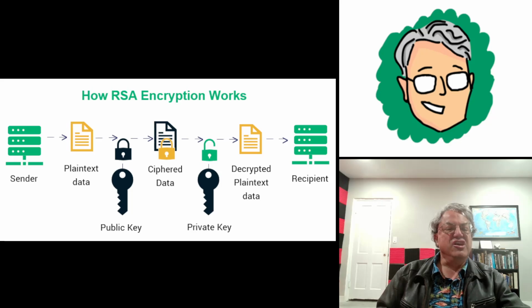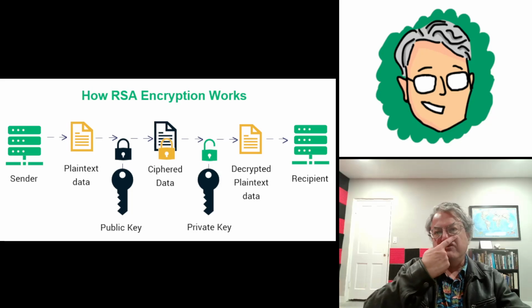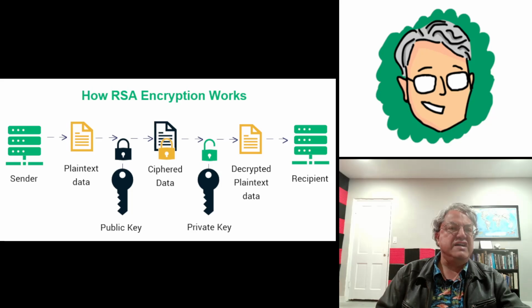So it's secure. But the reason I'm mentioning this right now is that the security of RSA actually relies on the difficulty of factoring large numbers. The way RSA works, I'm not going to go into detail, but the public key is the product of two large prime numbers, and the reason it's secure is because it's easy to test whether a big number is prime.